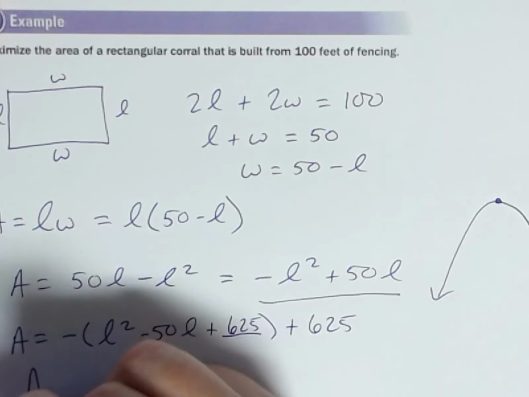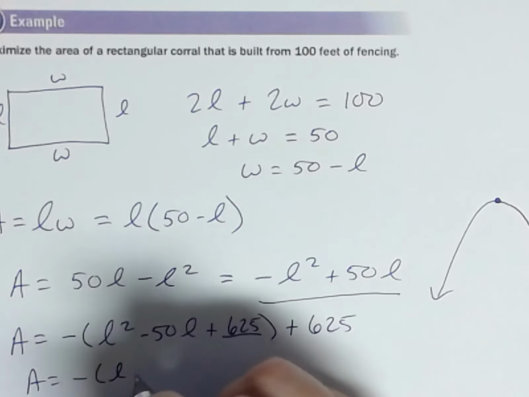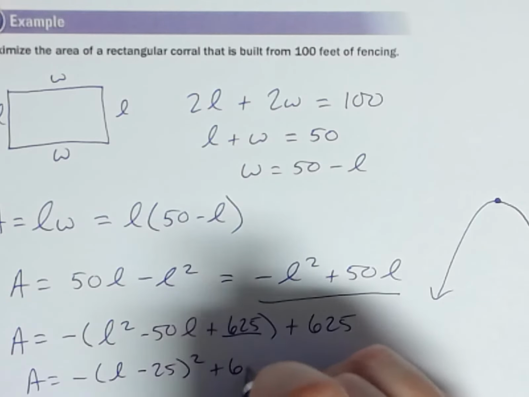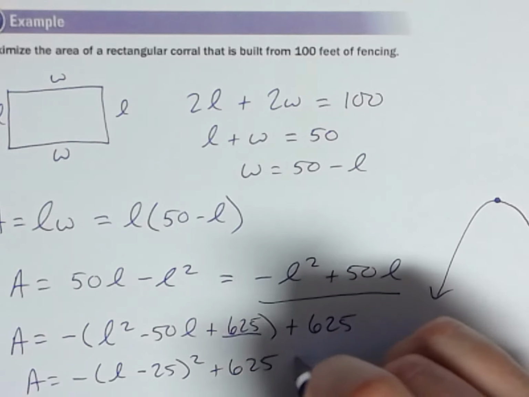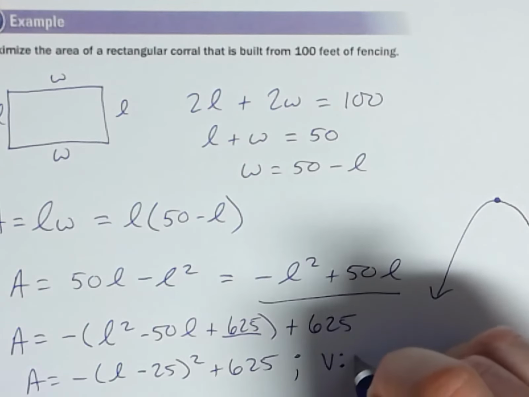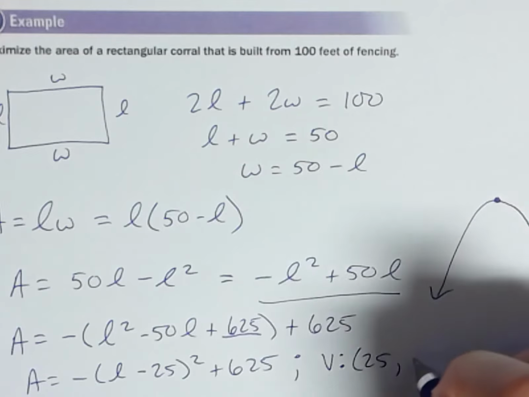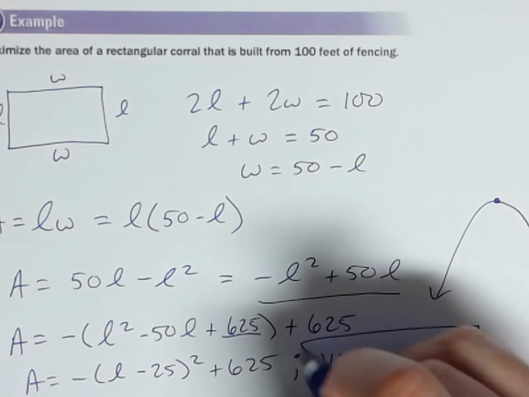Now if I rewrite this, L minus 25 squared plus 625. So here's my equation, but notice it's in standard form now. Well, what's the vertex? My vertex is 25 and 625 is the y value that goes with that.